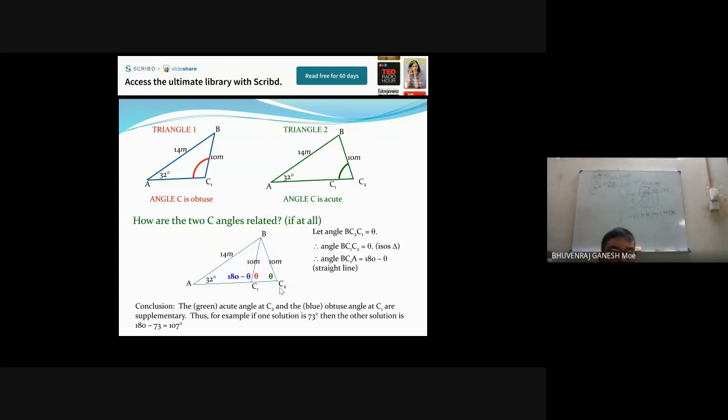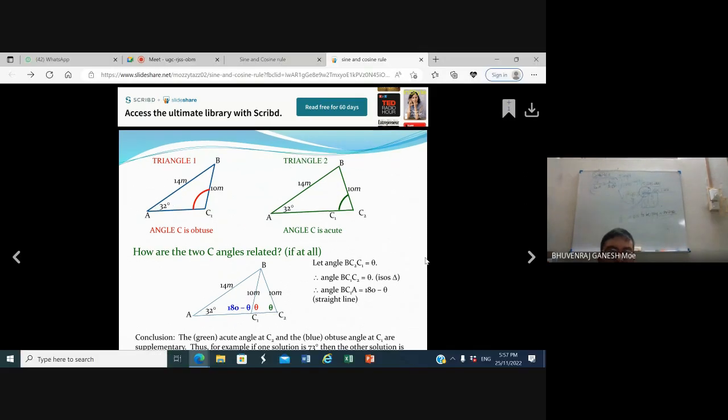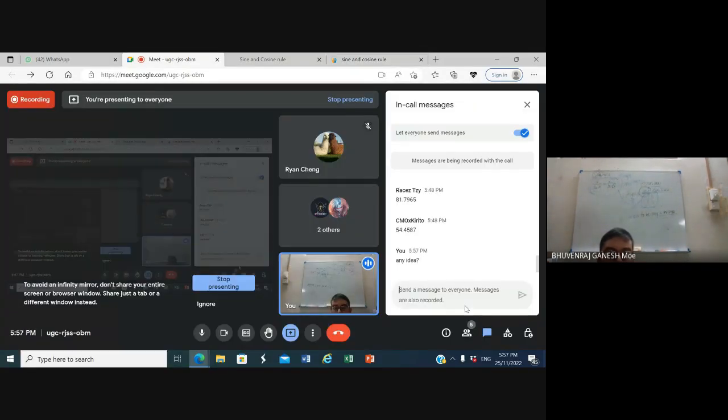So one is theta, one is 180 minus theta. The green one is the acute angle C2, and then the blue one is the obtuse angle 180 minus theta. Whenever you have an angle plus another angle equal to 180, we call them supplementary angles. This is the name for the angles, supplementary, because something plus something is 180.